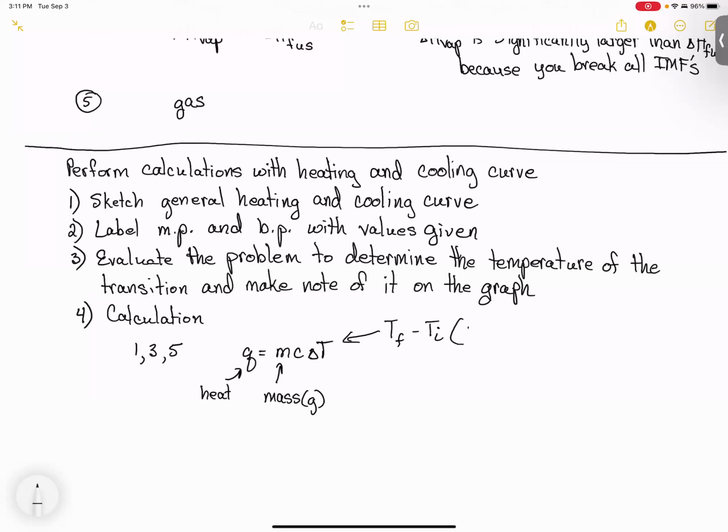Typically, these are going to be in degrees Celsius. And then the C will vary. You will have C solid, so the specific heat of the solid. You will have C for the liquid.